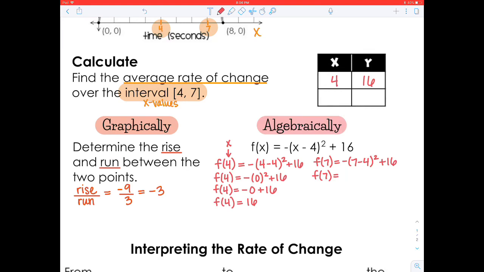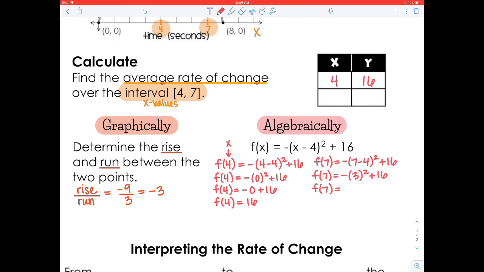Similar process. Let's simplify what's inside the parentheses first. 7 minus 4 is 3. Okay, so then we're going to do the exponents.